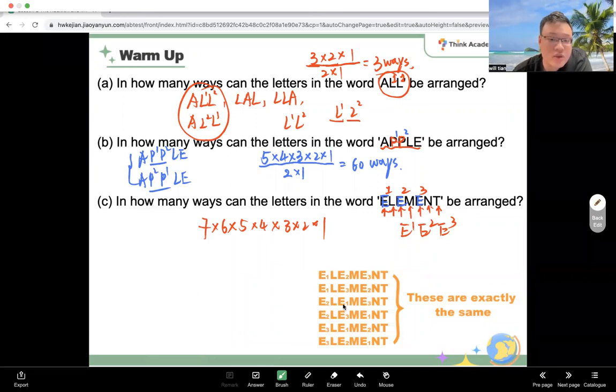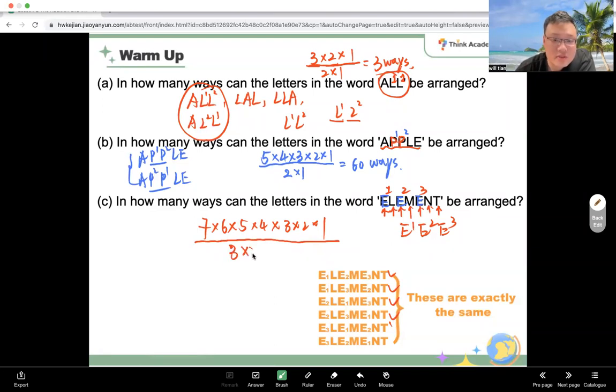And also E2, E1, E3, E2, E3, E1. And the last two will be E3, E1, E2, E3, E2, E1. So that means, guys, we have to get rid of the duplication, which is 1, 2, 3, 4, 5, 6, right? But how do you get that 6? That 6 comes from how many E's you have. You have 3 E's, so which is 3 times 2 times 1.